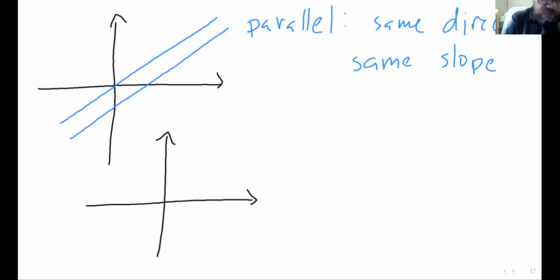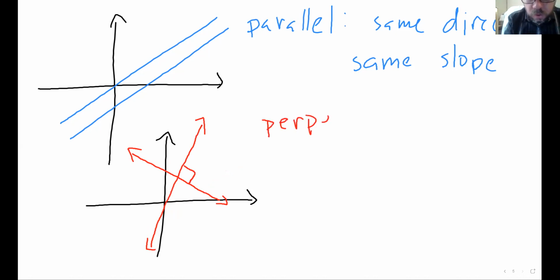I want to make this line really steep on purpose. And then this perpendicular one is going to be, well, perpendicular to it. I'll talk about why that's important in a second. So that's a right angle there. Perpendicular meets at a right angle.